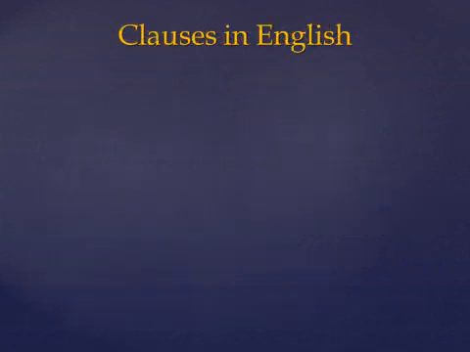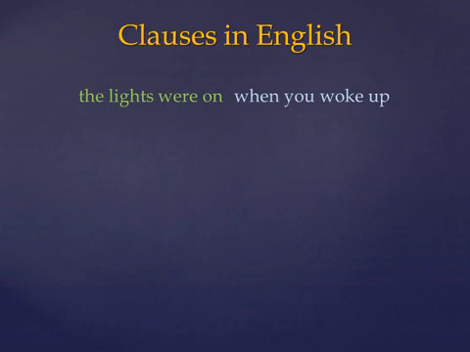Well now, a major difference between a clause and a phrase, besides the fact that a clause has a subject and a verb, is that a clause can often be moved around without changing the meaning of the sentence. So if we take the example, the lights were on when you woke up. When you woke up is the subordinate clause to the main clause, the lights were on.